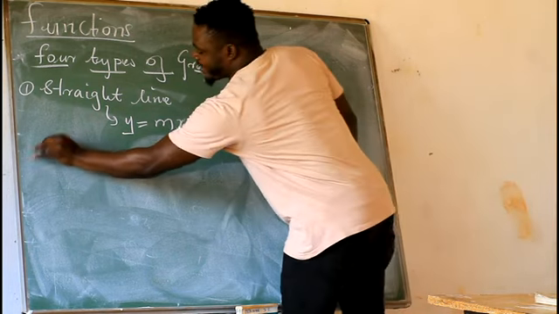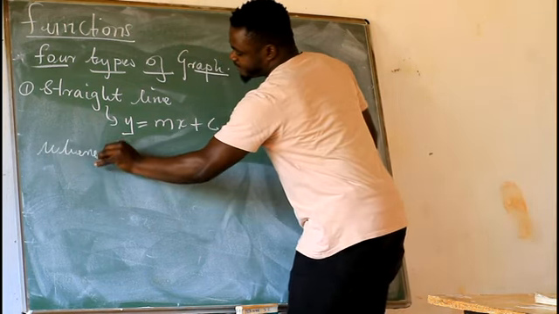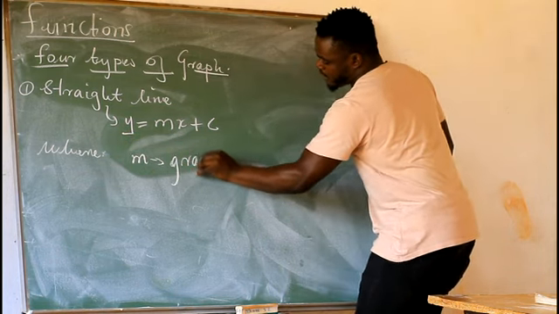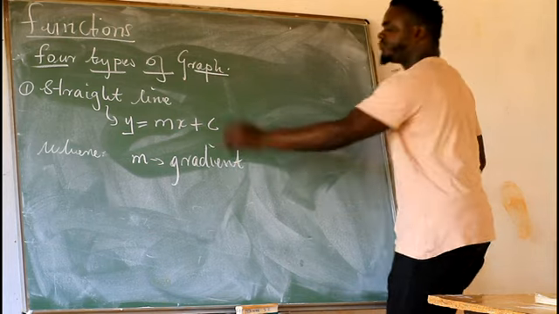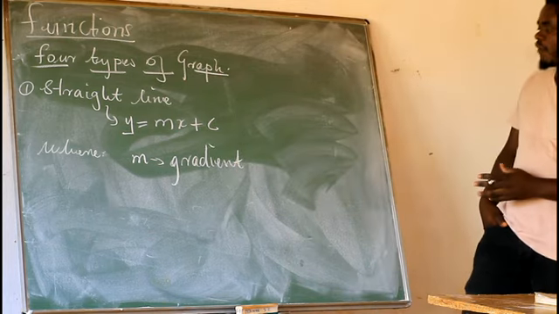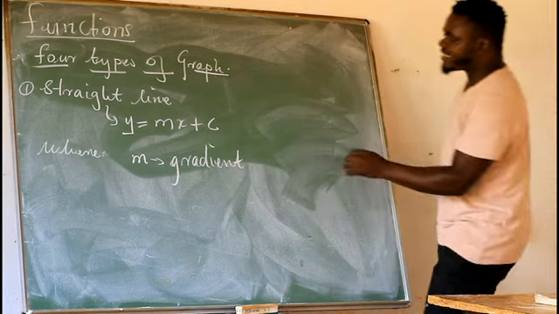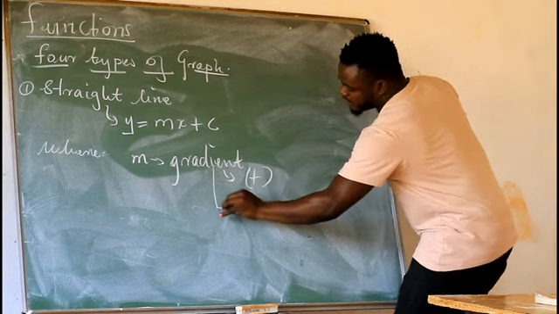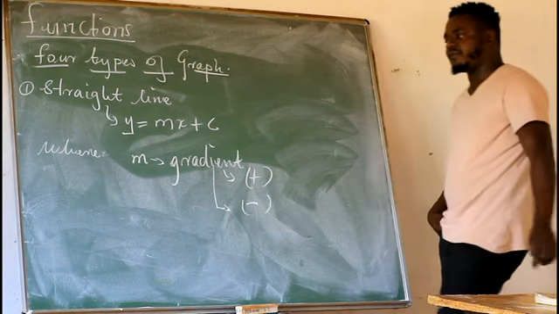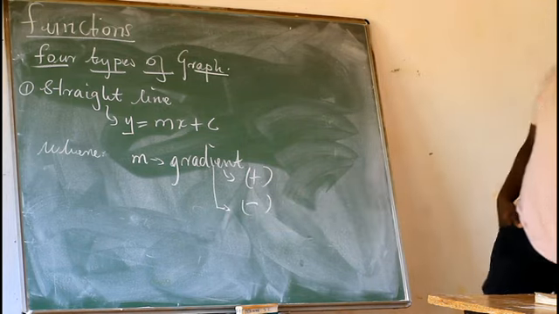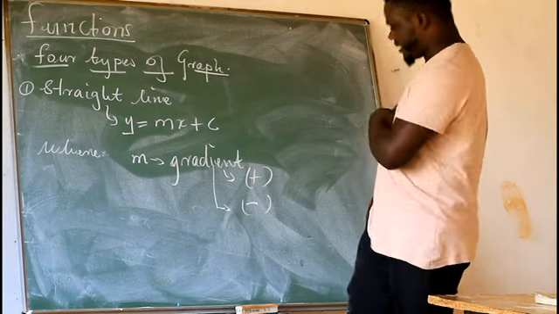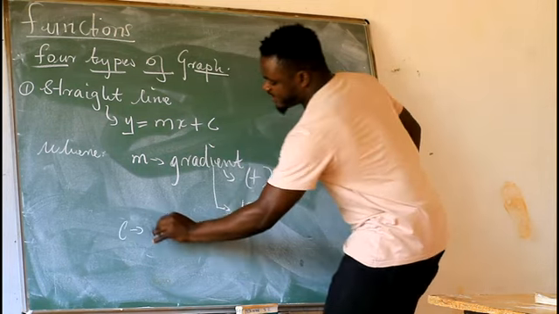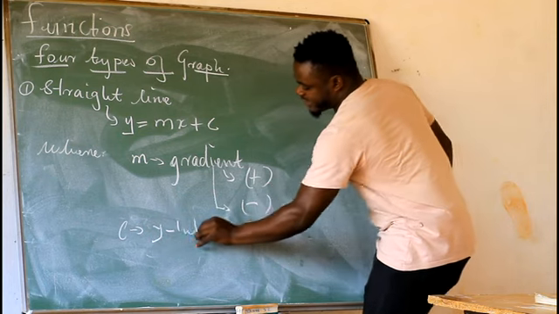Where m is the gradient, that is the gradient of our graph. The very same gradient can be positive or negative. Where c is the y-intercept.